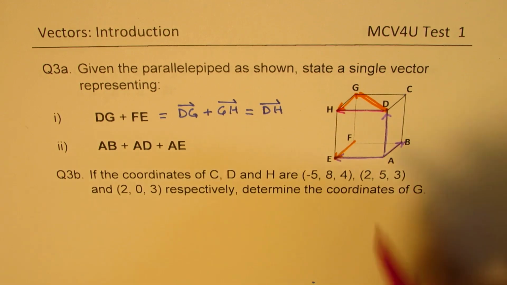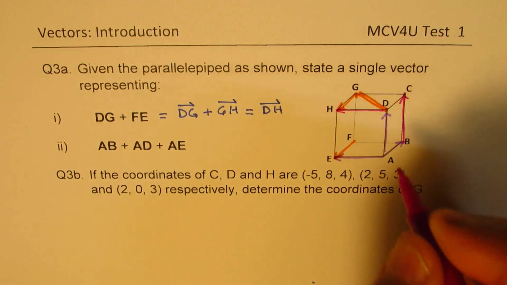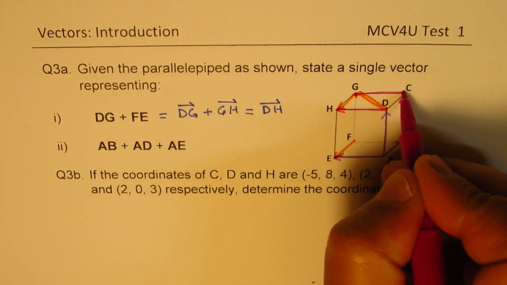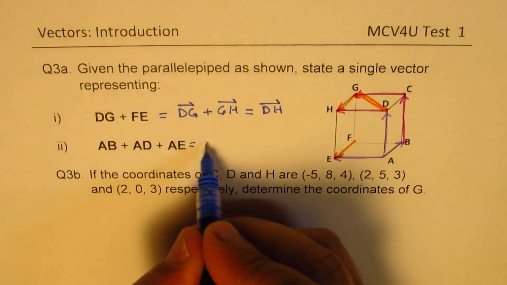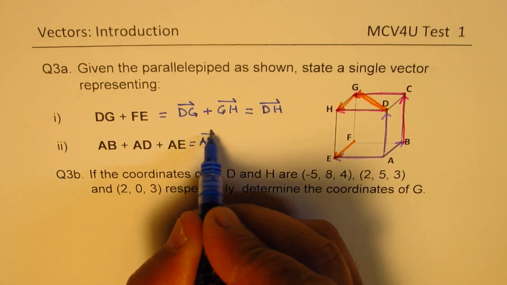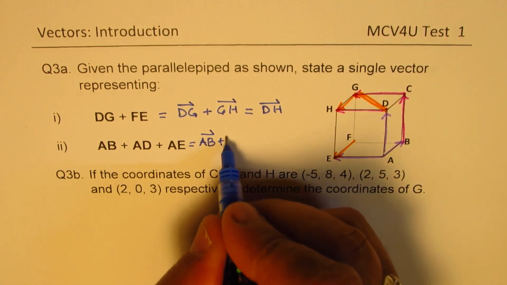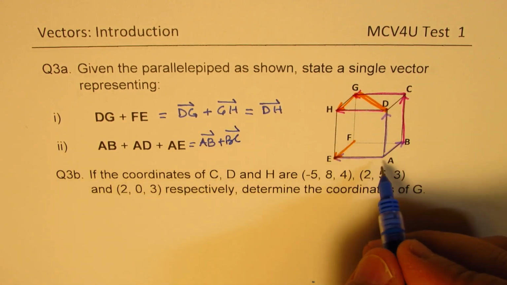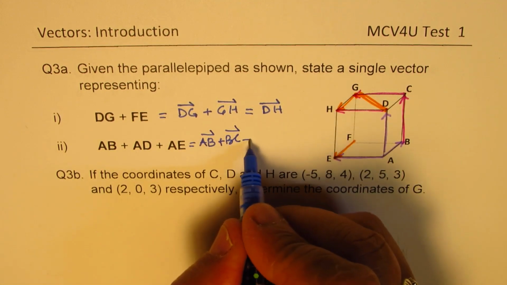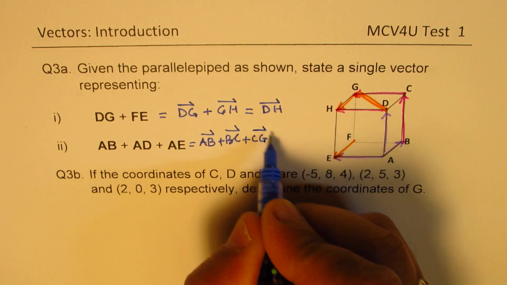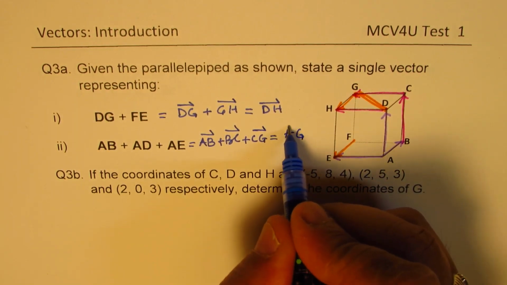So effectively, we could go like this, this is parallel and equal, and then this will be like this. Do you see that, right? So we'll write this as AB. AD is the same as BC, and AE is the same vector as CG. And therefore we get AG as our answer. Clear?